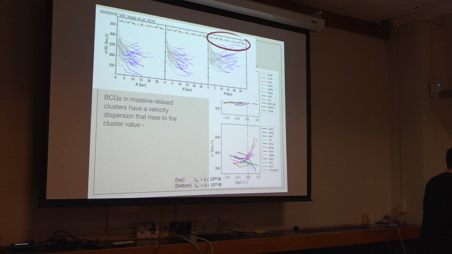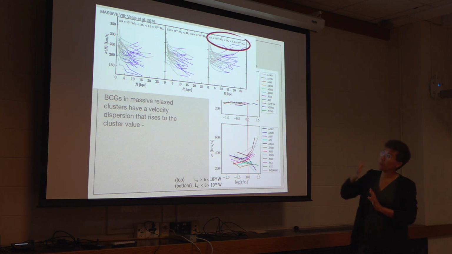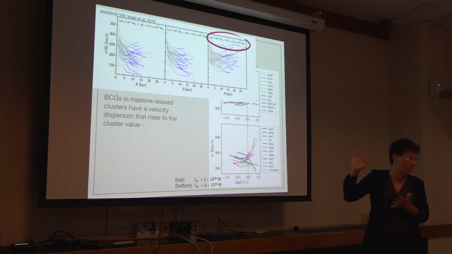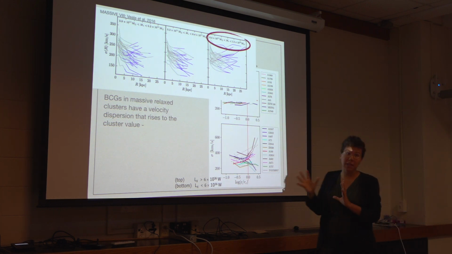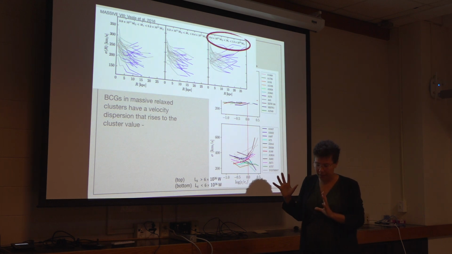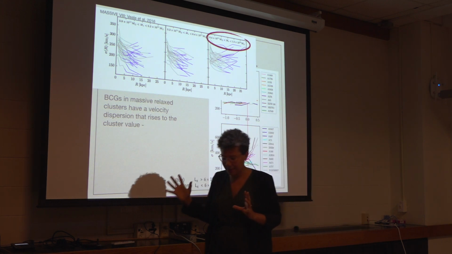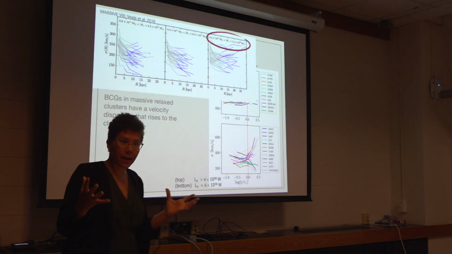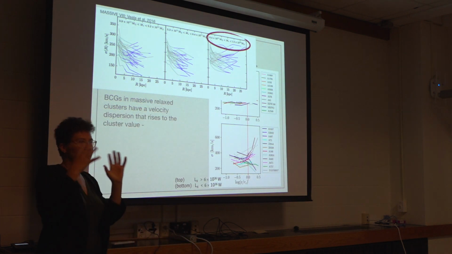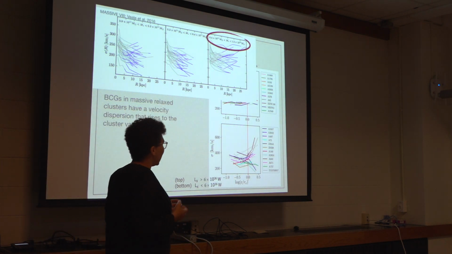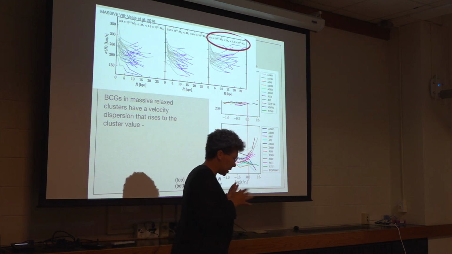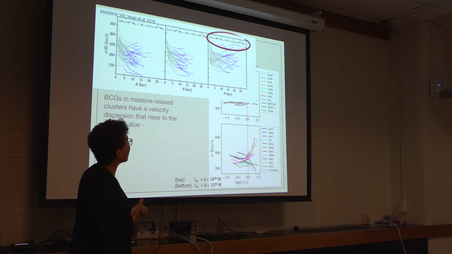There's a team in Berkeley, led by Professor Ma, who have put out a series of papers, MASSIVE, where they have a similar technique to ours. They use an IFU with fat fibers, they make regions, they look at the properties of the BCG as a function of distance from the core.